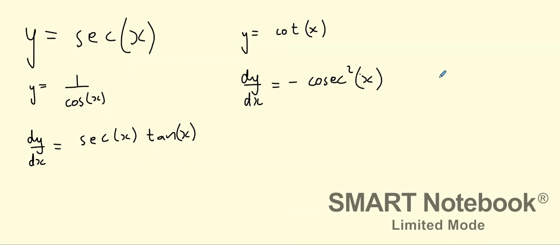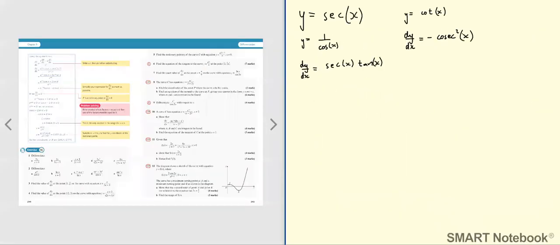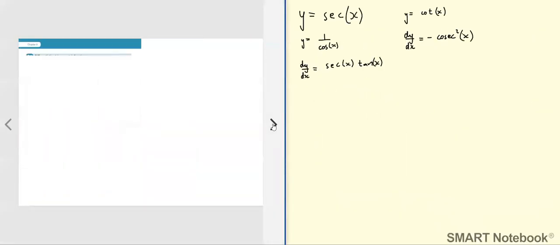Sine, cos, tan, sec, cosec, cot. These are the results that you should have shown, again using the quotient rule, and then from there you can do whatever you want. So that's what you'll do. We're just going to move on.